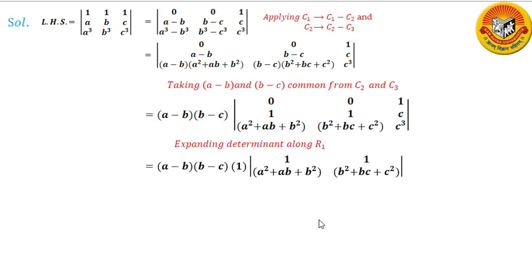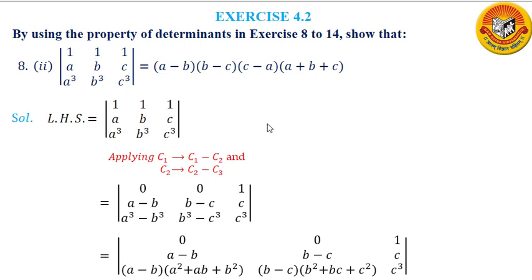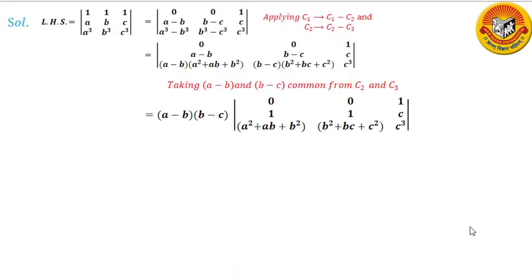And then we can expand along... let me see again, yes, right? I can take A minus B and B minus C common, and then I can expand along row 1. So let us take common. After taking common A minus B and B minus C, I get this matrix. Then I will expand along row R1.